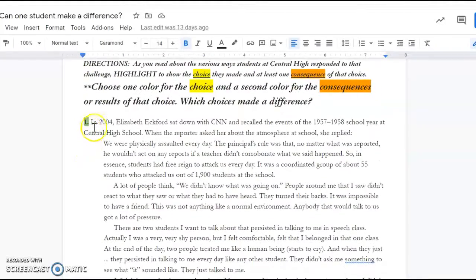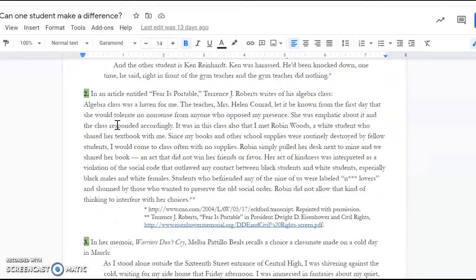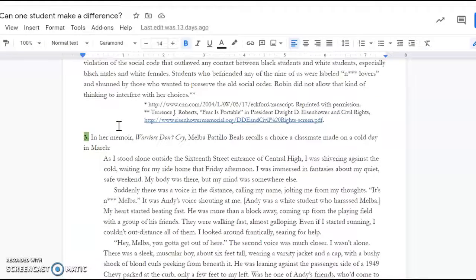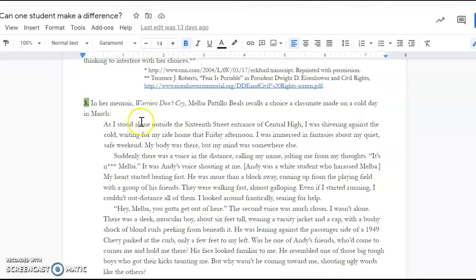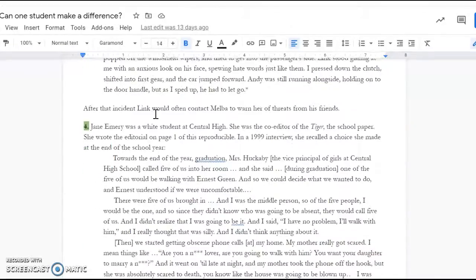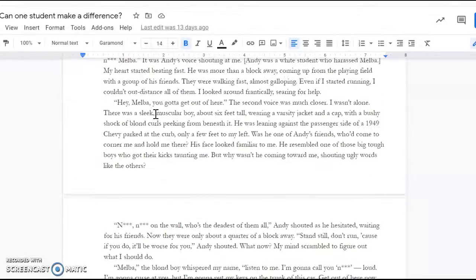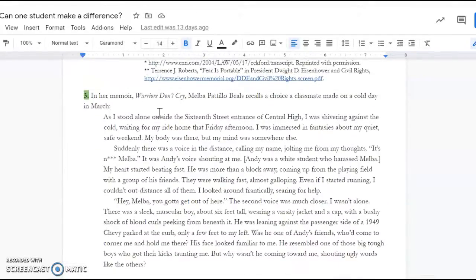There's one reading about Elizabeth Eckford, a reading about Terrence Roberts in his algebra class, a reading from Melba Patillo's book, Warriors Don't Cry, and a reading about Jane Emery. I'm going to pick the reading from Melba's book, Warriors Don't Cry.